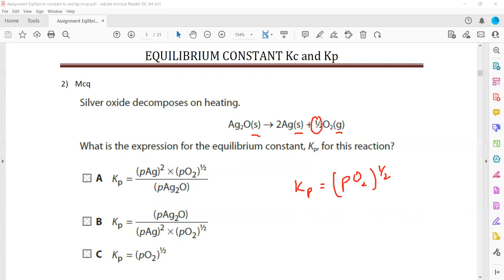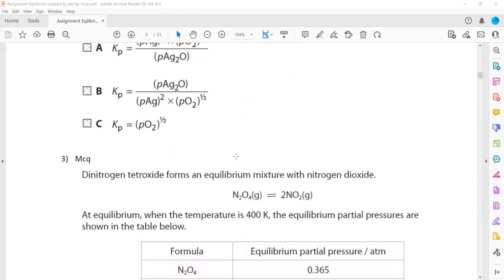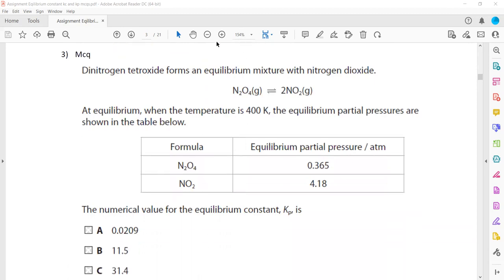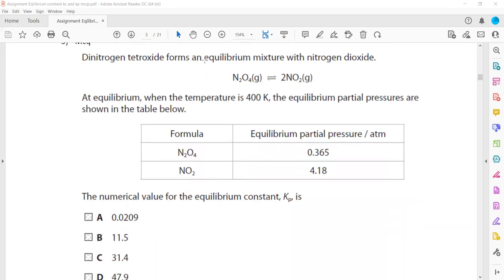Why 1 by 2? Because the coefficient here is half. So it matches with option C. It is important whenever you see the equation, you have to check the states of the reactant and product and identify whether it is a homogeneous or a heterogeneous equilibrium.